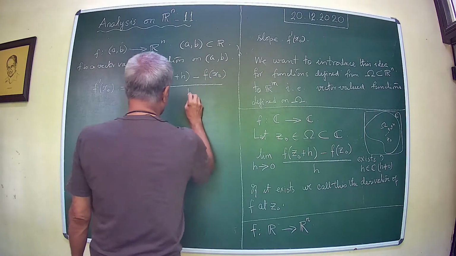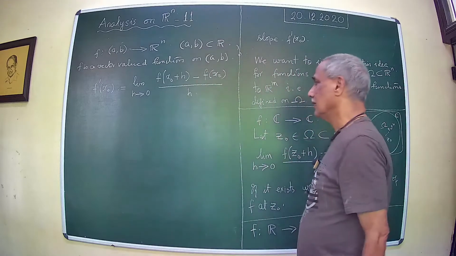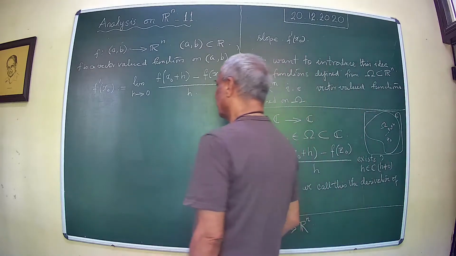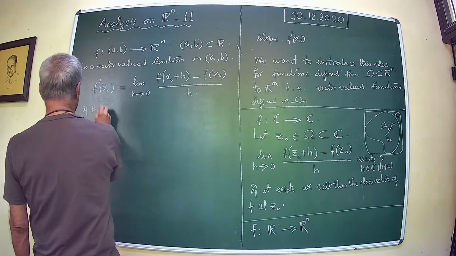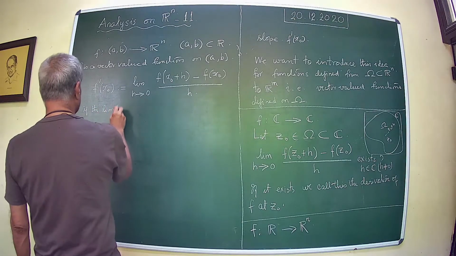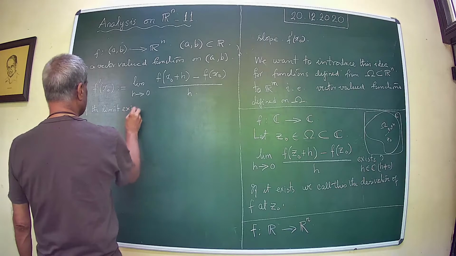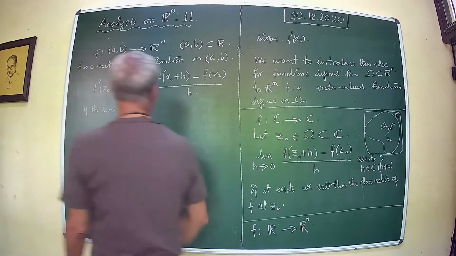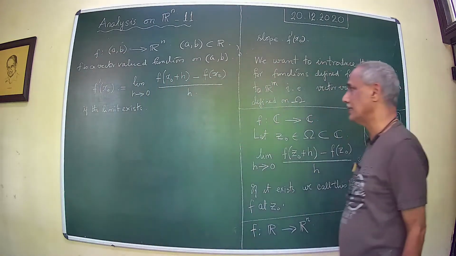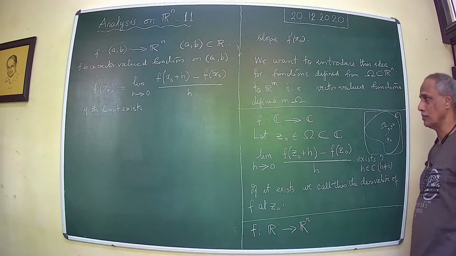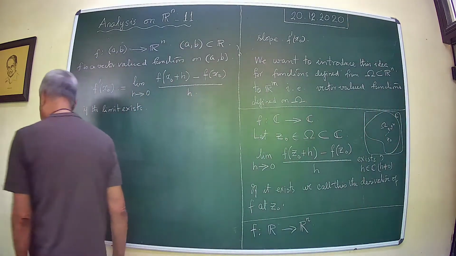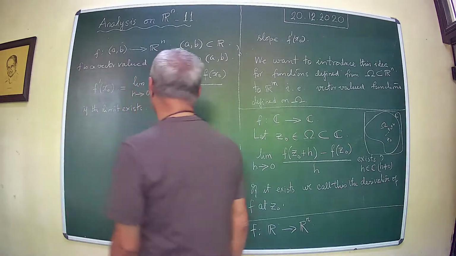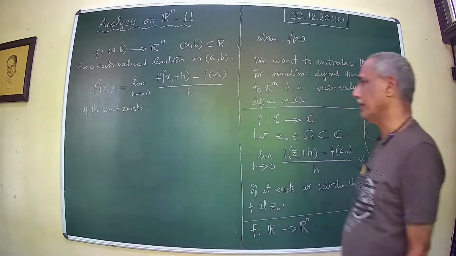This is our standard definition, if the limit exists. Okay. And all the other conditions are that x naught plus h and x naught belong to the interval a, b, etc. These are the routine conditions that you have. And then you can talk about h going to 0.